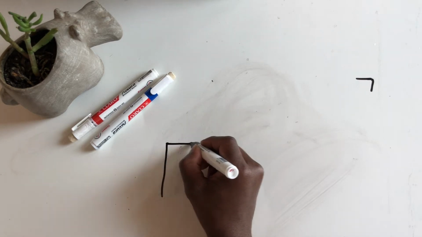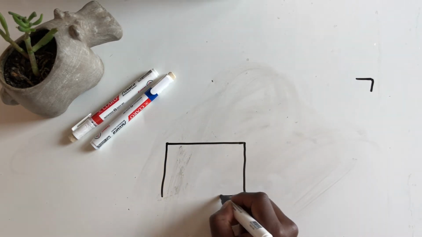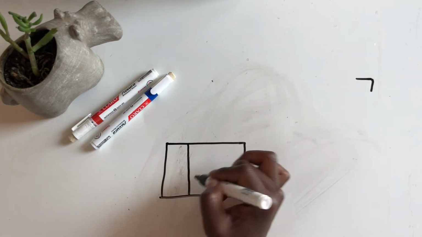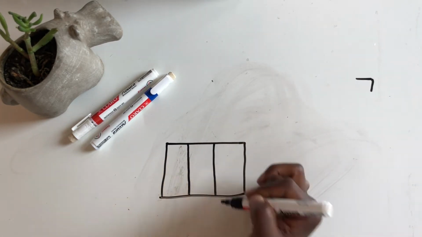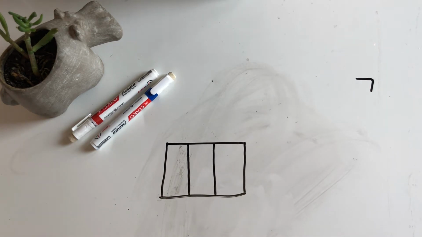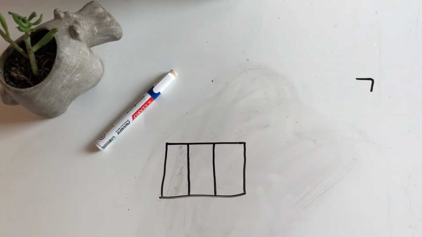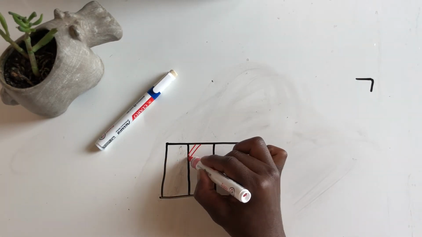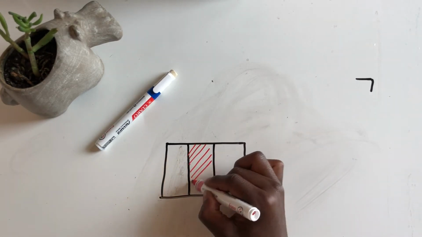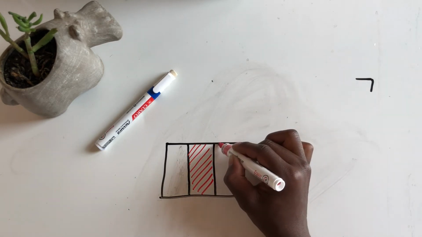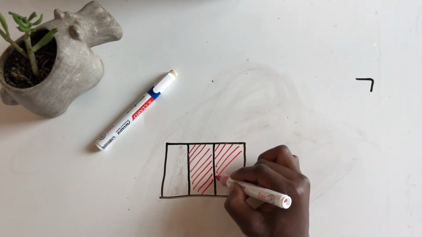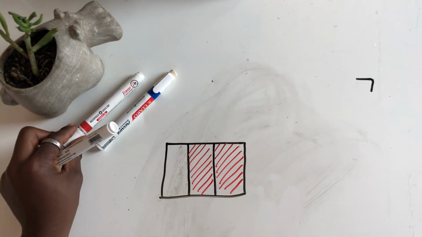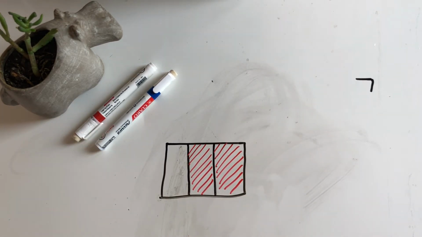Let's cut it into 3, and for argument's sake, let's shade two out of those 3 boxes.